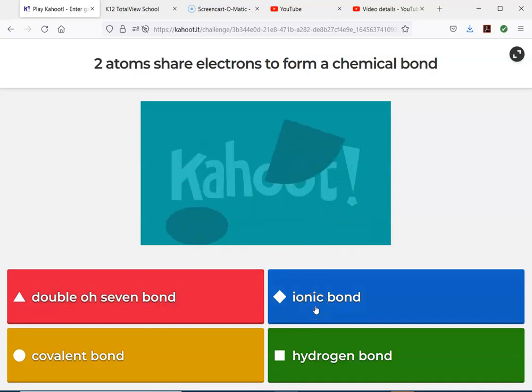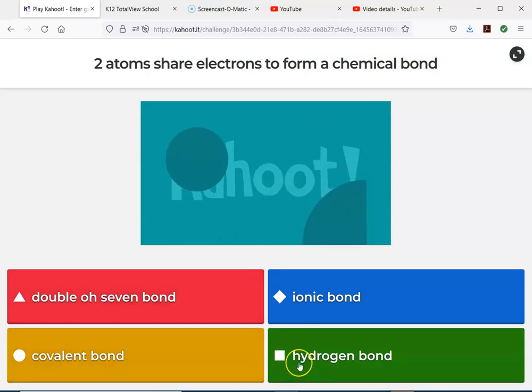Ionic bond. I don't know about that sharing part. Covalent bond, sounding more familiar. And a hydrogen bond. Well, we know ionic bonds are the ones where a metal gives electrons to a nonmetal. That's giving away, so not an ionic bond. A 007 bond, probably not a movie.